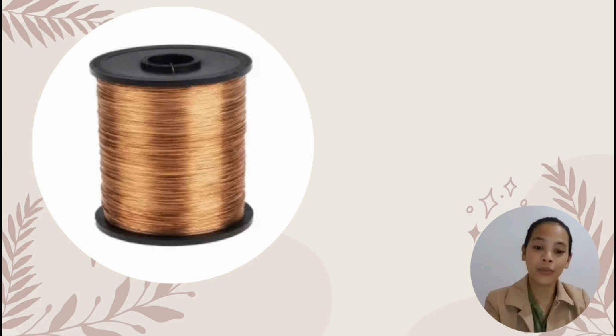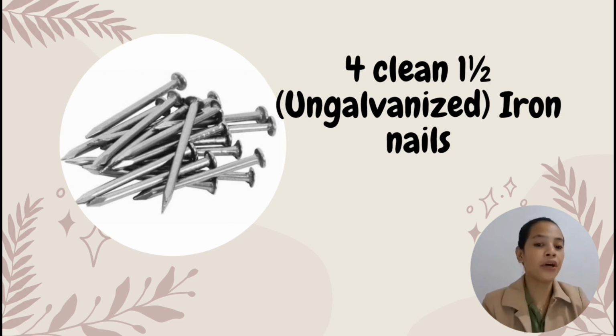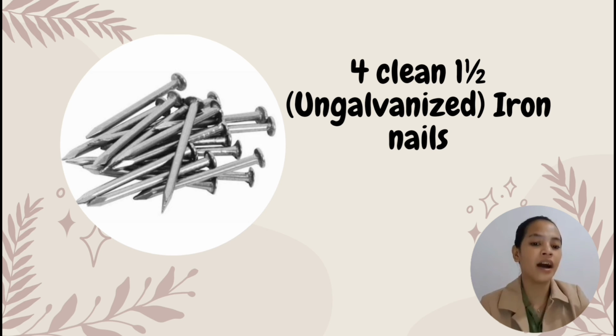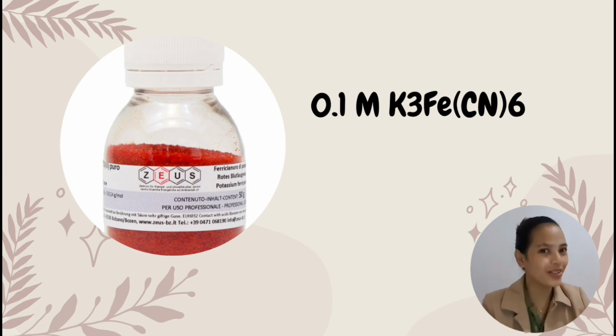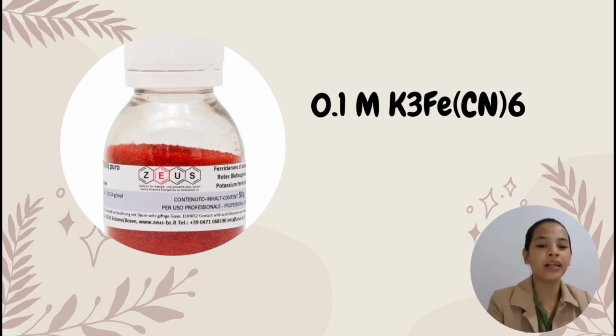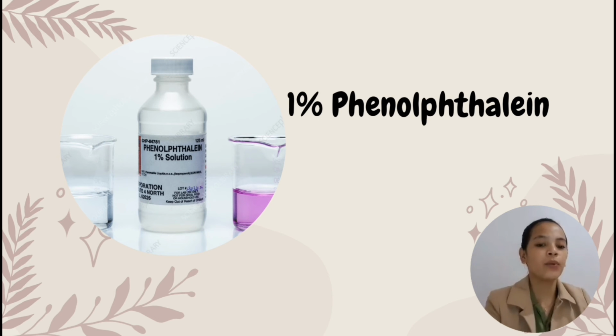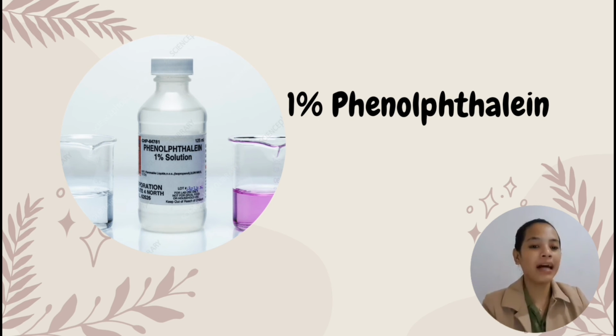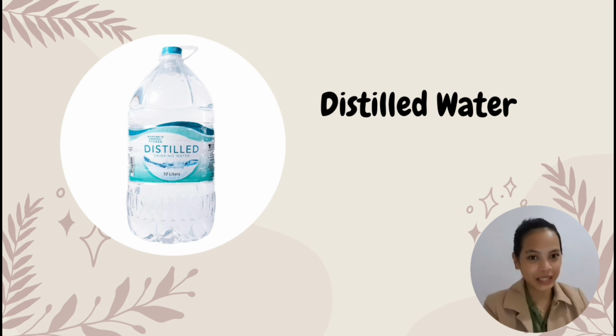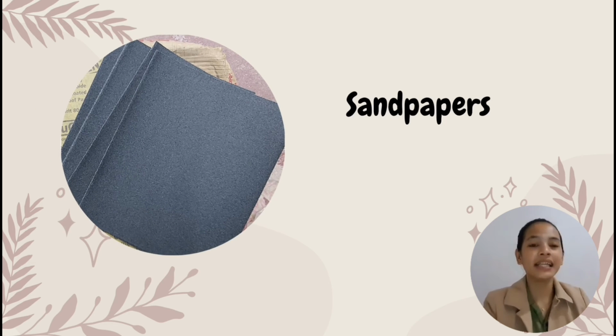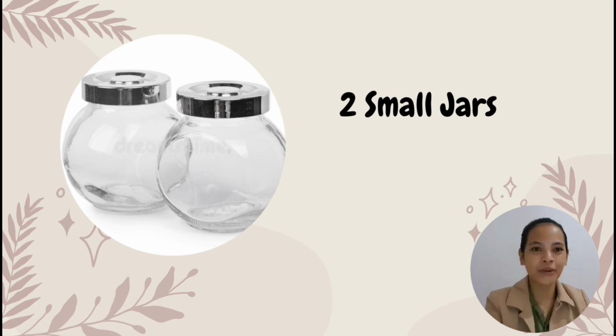Let's not forget the copper wire, and also 4 clean ungalvanized iron nails, and also let's have the 0.1 M K3Fe(CN)6 solution, and also the 1% phenolphthalein, and also distilled water, pliers, sandpapers, and 2 small jars.